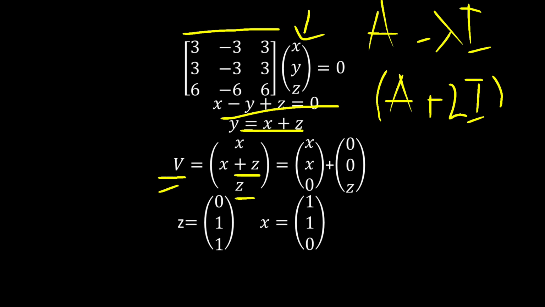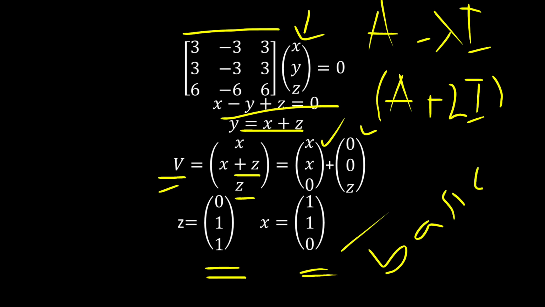If you break this into the x's and z's, you can see that it is this plus that. If you factor out x, you'll see we have this, and for z we have this. And these two now become our basis of the eigenspace. So for this eigenspace, you have these bases.